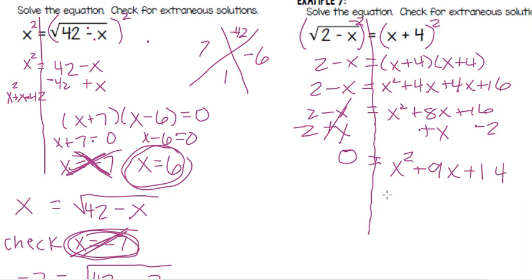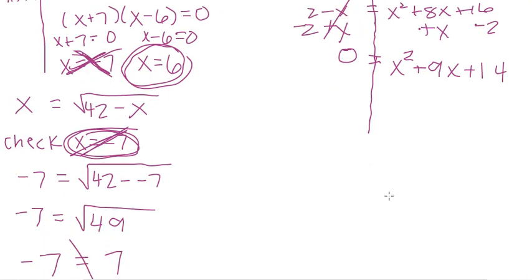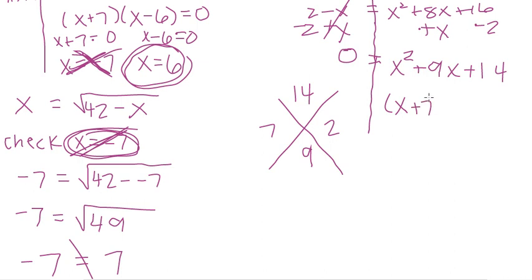So I'm going to factor this to solve, because that's one of the ways that I know how to solve a quadratic equation. So they need to multiply to give me 14, but add to 9, so that's 7 and 2. So I've got x plus 7 and x plus 2. So that gives me x plus 7 equals 0 and x plus 2 equals 0.